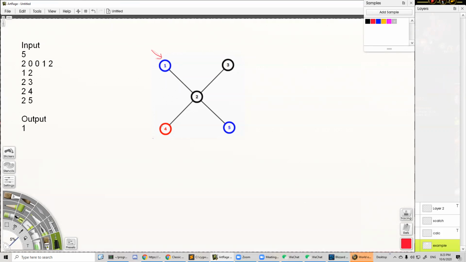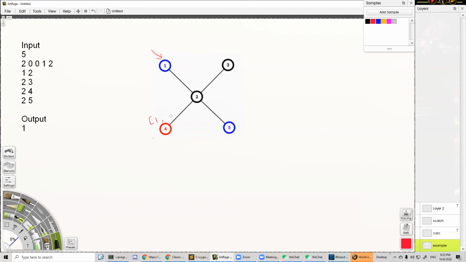So for this node, we have two counters. One counter counts the number of red colors on this node and its subtree, right? This node is a leaf node. It doesn't have a subtree, so the counter of red nodes is 1, right?